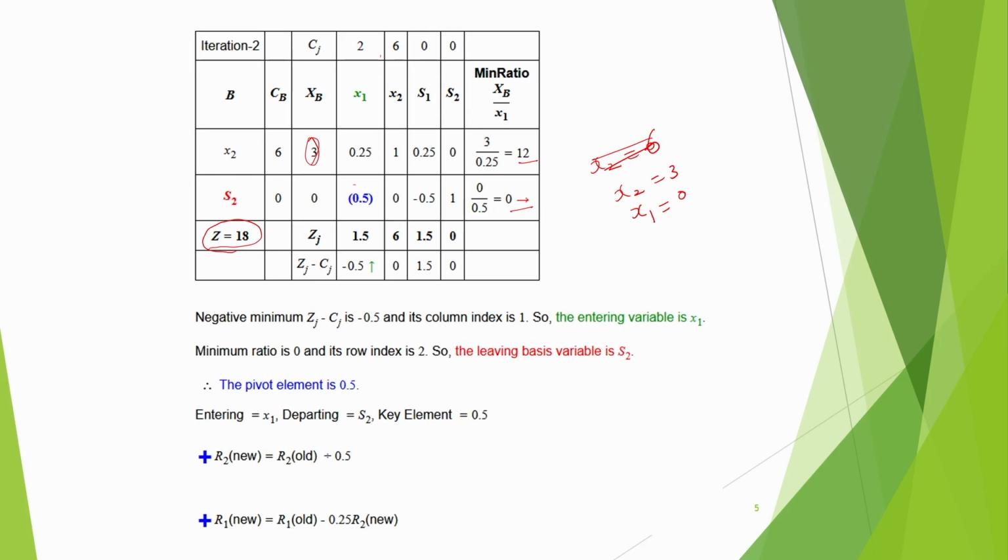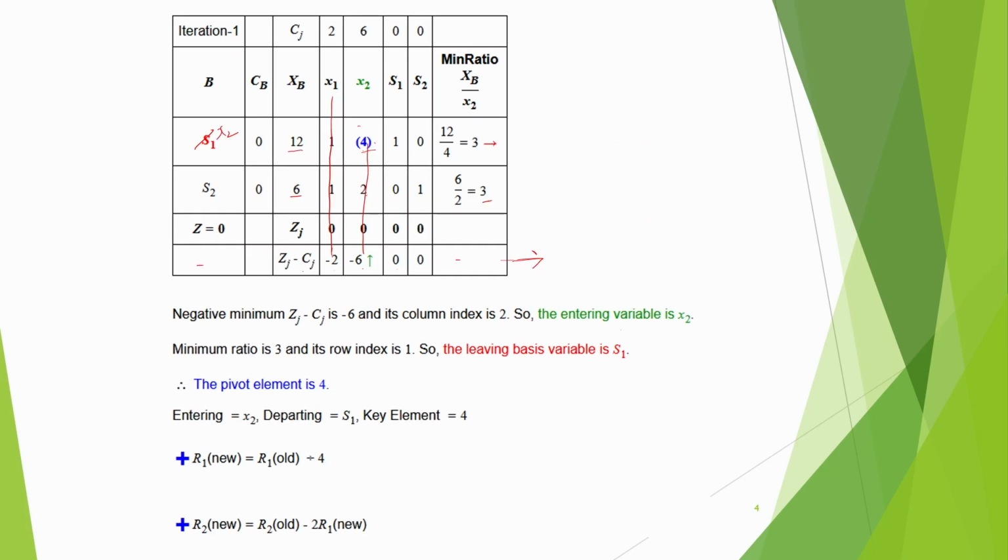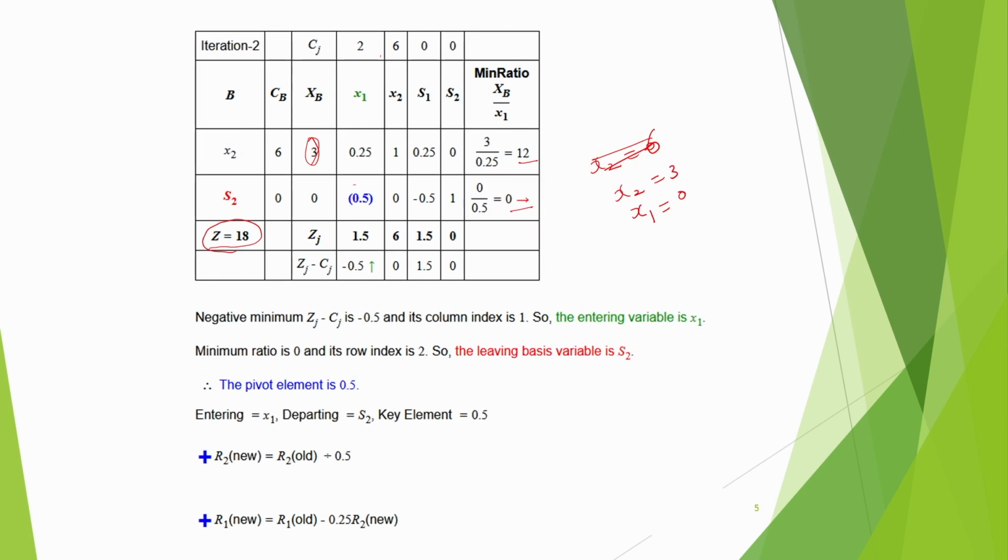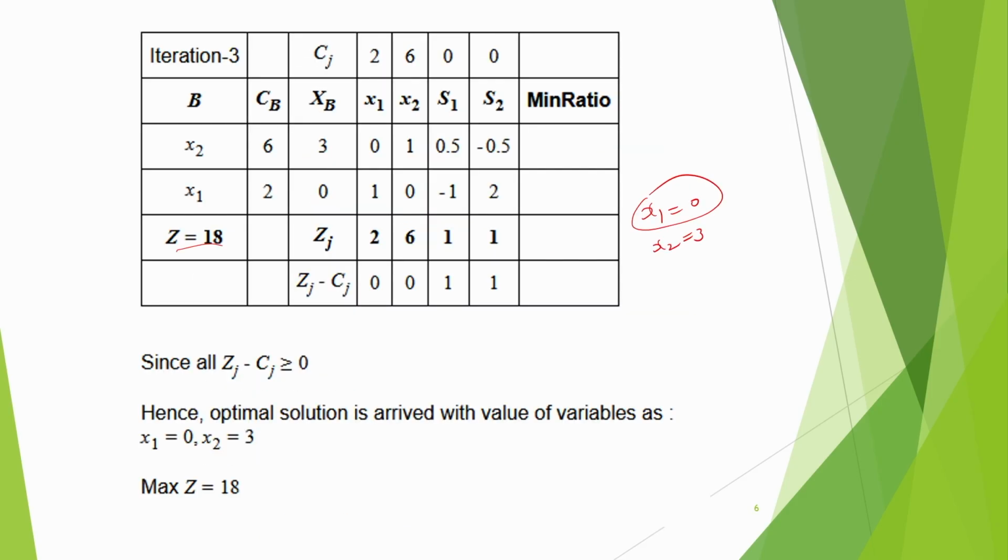If you solve this problem slowly, you can pause your video and practice yourself. You can see in iteration 1 the objective function value was 0, because I put x1 and x2 both equal to 0, and s1 and s2 are the basic variables. In the second iteration I got the function value 18, and in the third also I got 18.